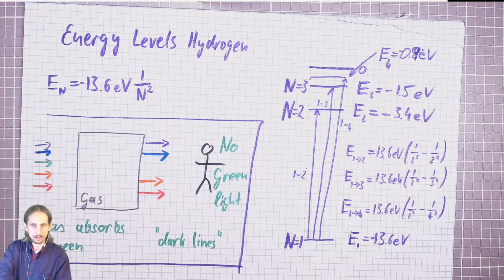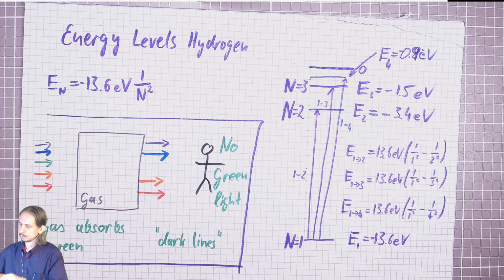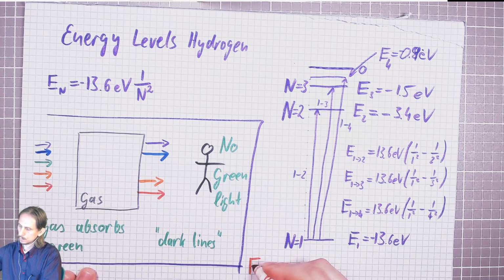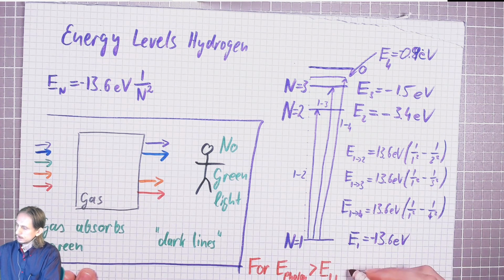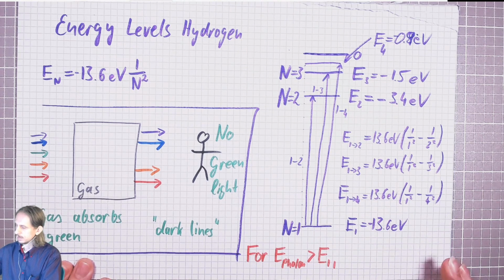It turns out we can actually rip electrons out of the atom. So for E photon greater than E1, the process of ripping electrons out of an atom is called ionization.